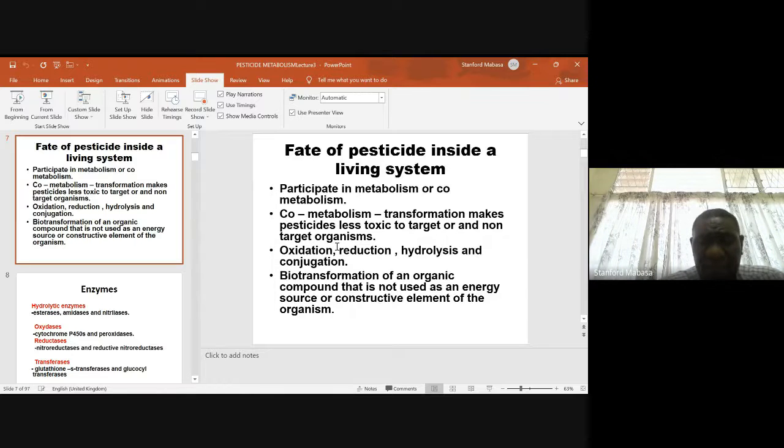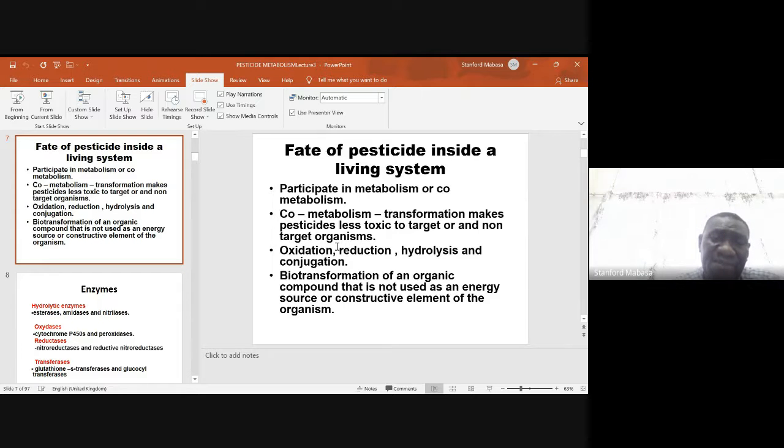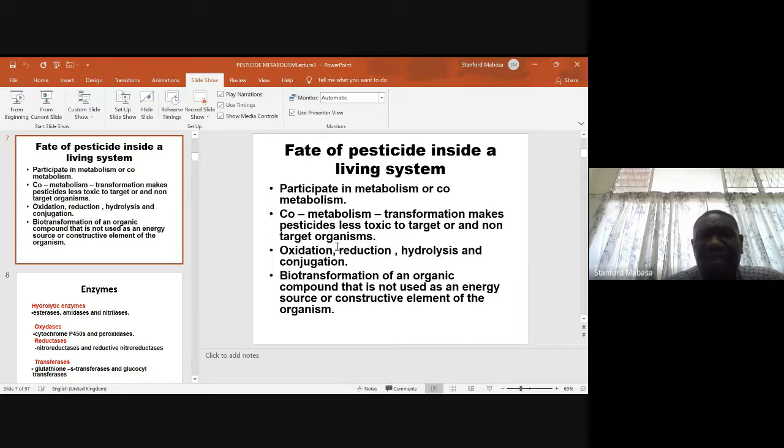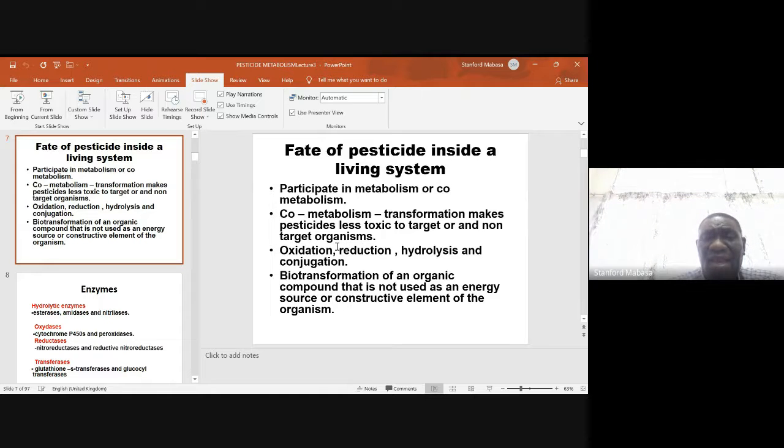We could also have the biotransformation of an organic compound that is not used as an energy source or a constructive element of the organism. Nevertheless, changes will take place in that organic compound.